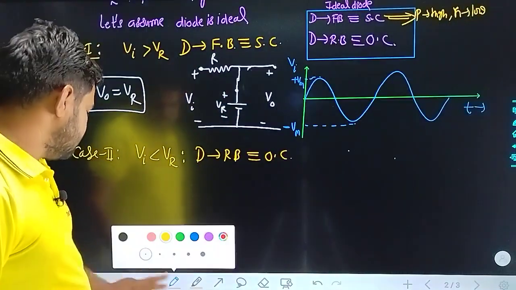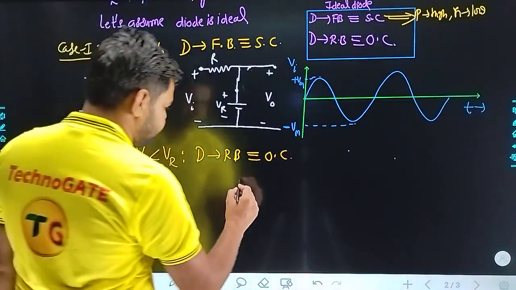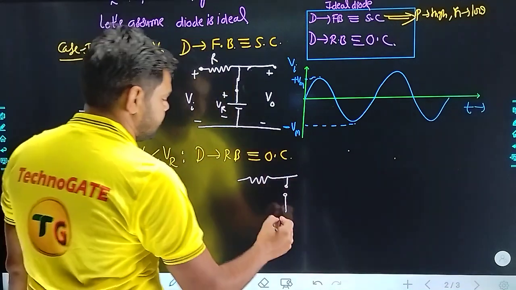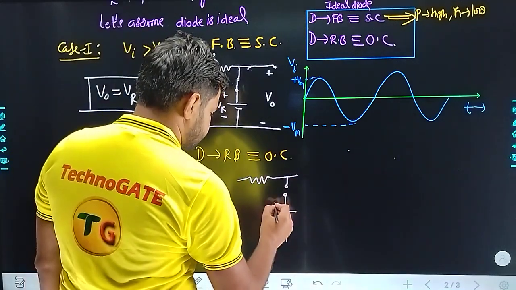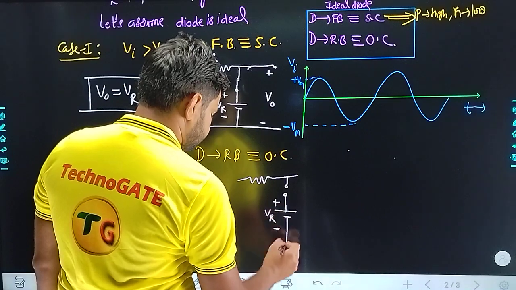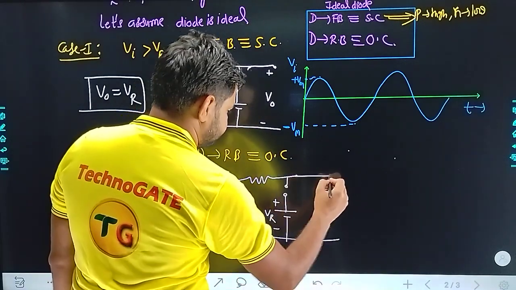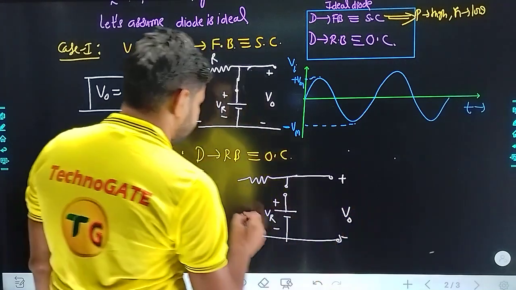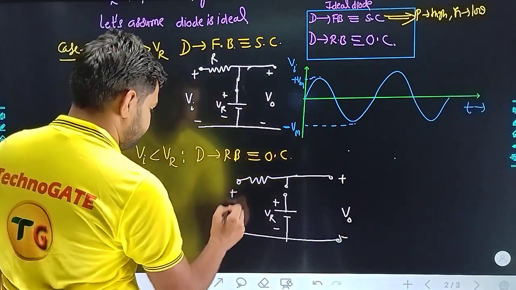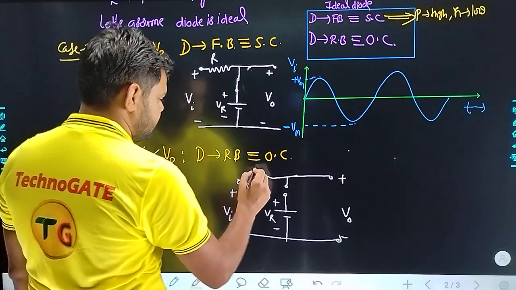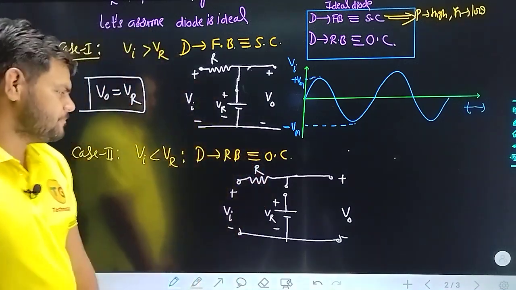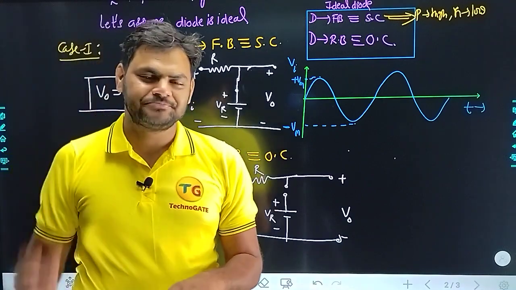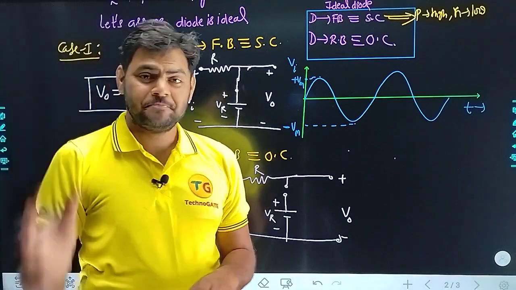So in this case our equivalent circuit will be represented like this. Here the diode is open circuited, and here plus minus V reference is connected, plus minus V naught is connected, plus minus V input is connected, and here resistance R is present. Resistance can do anything only if there is a current flow.